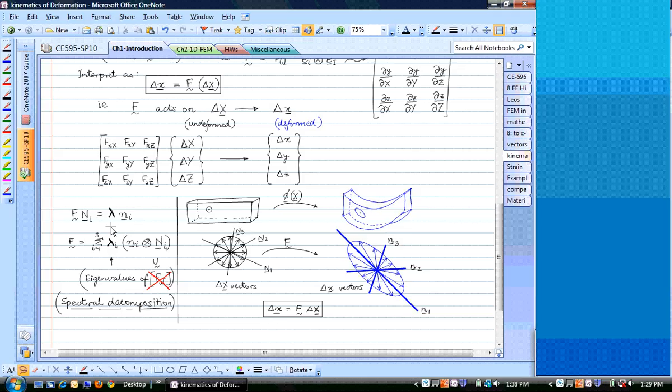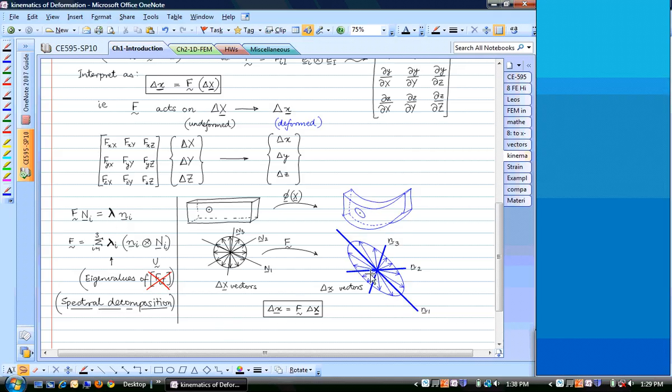If you imagine one small unit vector along big N1, when it deforms through F, it is going to go to small N1, and its length is going to change by an amount lambda.